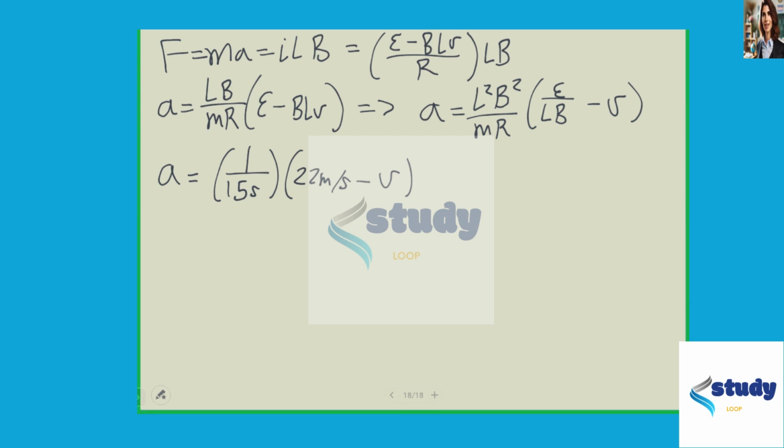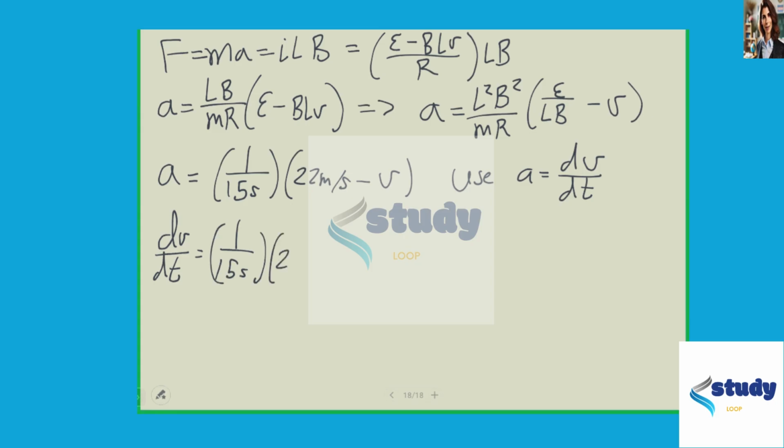Now we can use the fact that the acceleration is the rate of change of the velocity. So the acceleration is dv/dt. Therefore, we have a differential equation. So dv/dt is 1 over 15 seconds times 22 meters per second minus v, with the initial condition that v of 0 is 0, right? The initial velocity is 0. So there's a few ways to solve this. You can use separation of variables.